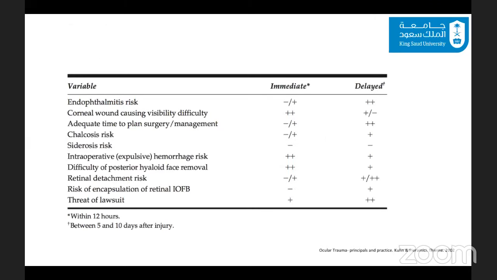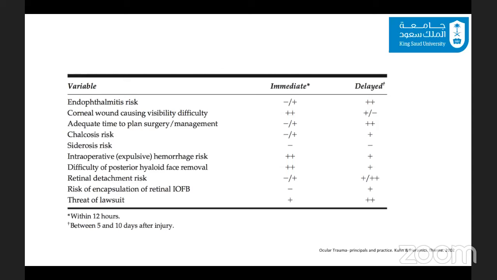This is a small table that shows, in the case of acute intraocular foreign body, the risks or variables that are considered for immediate versus delayed removal. Delayed being at most 2 weeks, 10 to 14 days duration.